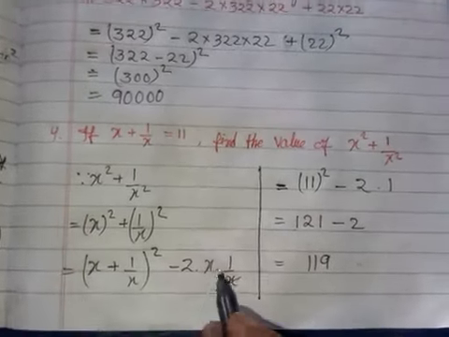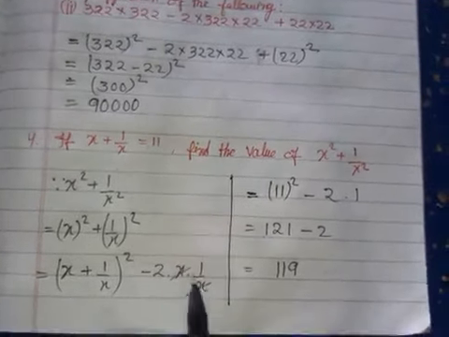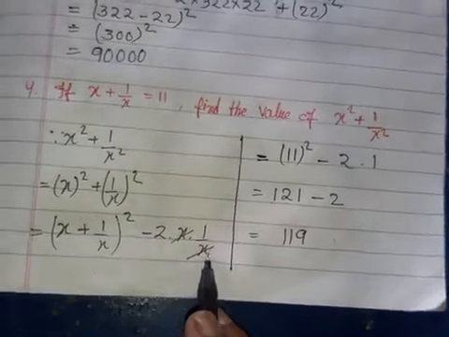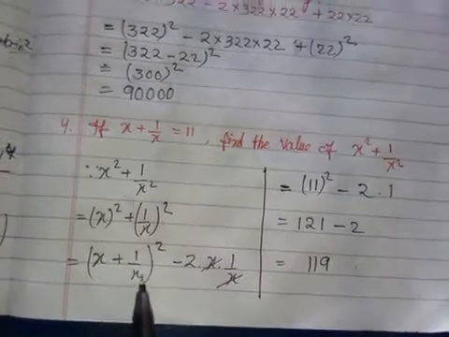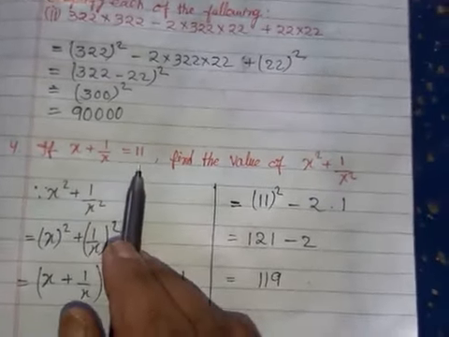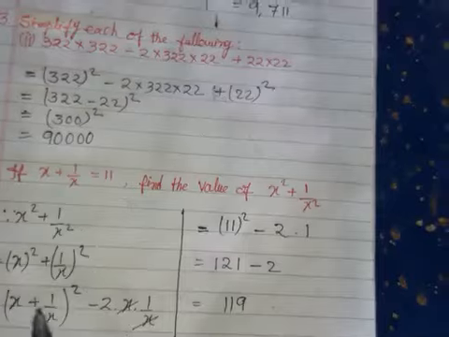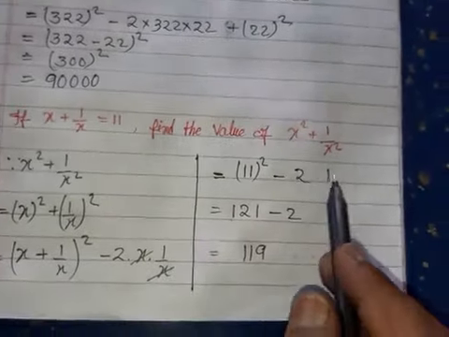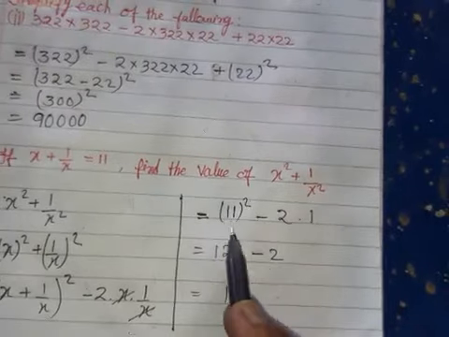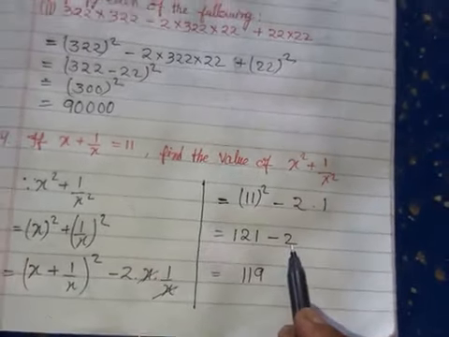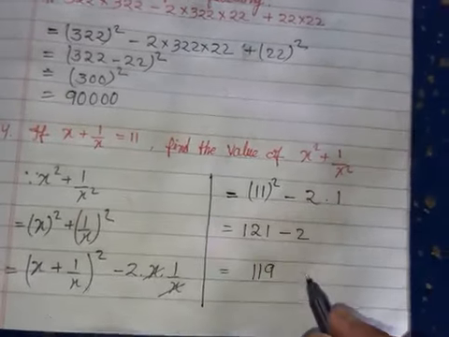Here x and x cancel because x is in the numerator and in the denominator. The value of x + 1/x is 11, so we put 11² − 2 into 1. The square of 11 is 121, minus 2 means 119.